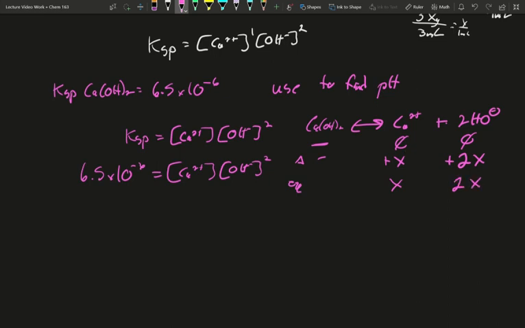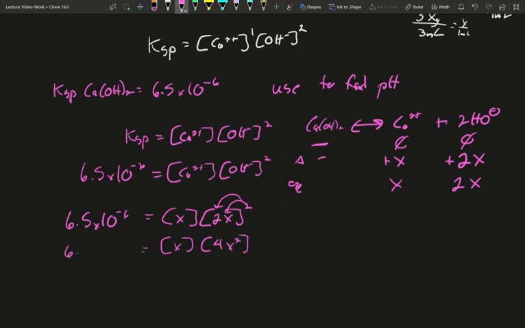Our Ksp is 6.5 times 10 to the minus 6, which has to be equal to X times 2X squared. Well, that squares on the outside. Remember, you have to do it to both parts. So really, this becomes X times 4X squared, so 2 squared and X squared. All that has to equal 6.5 times 10 to the minus 6.